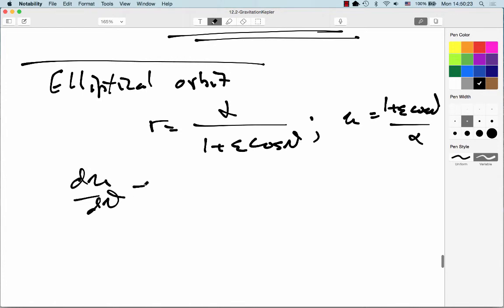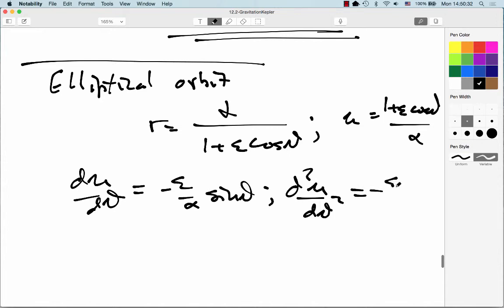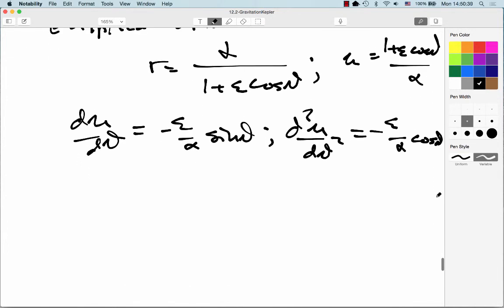du d theta equals minus epsilon over alpha sine theta, and the second derivative is minus epsilon over alpha cos theta. So we can go ahead and put that into the differential equation for the orbit.